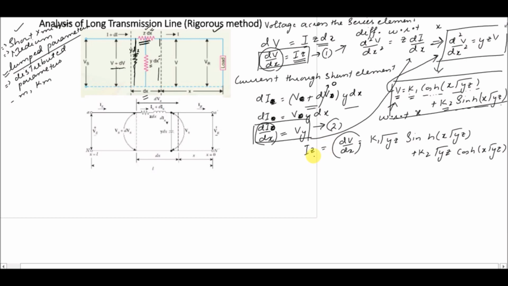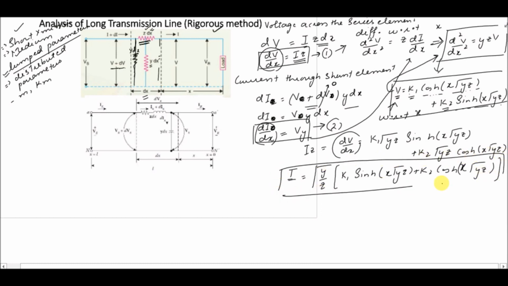So after solving this equation, we will get an equation for the current value, which is equal to under root y over z times k1 sinh x under root yz plus k2 cosh x under root yz. So these are the two equations that we will be using further. This is your equation A and this is your equation B.